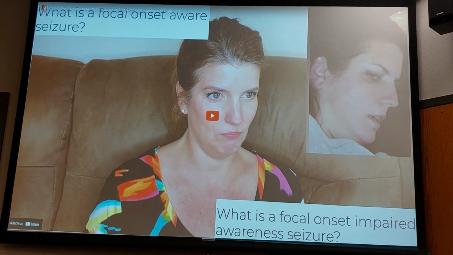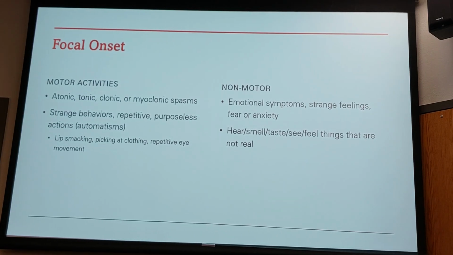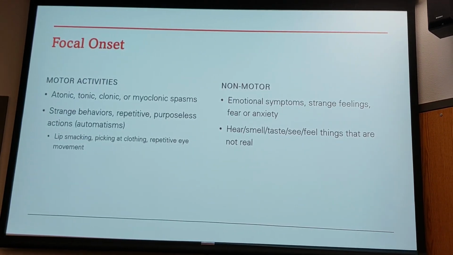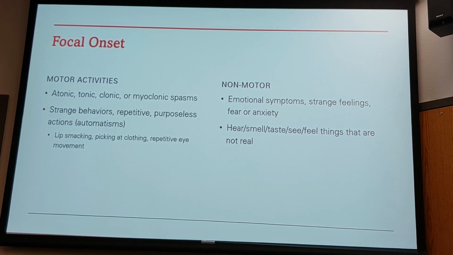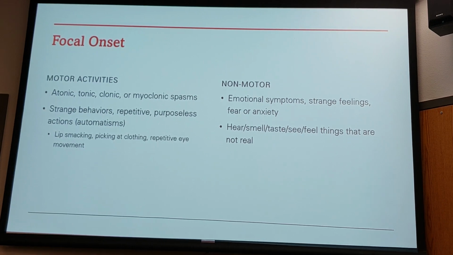So we talked about awareness, oh no, sorry, okay. Focal onset, aware, and impaired awareness. And she mentioned a little bit about motor activities. Again, this all starts with where it is in the brain, which puts it in this category as a focal type seizure. So you can have focal ones with awareness and impaired awareness, and motor and non-motor.